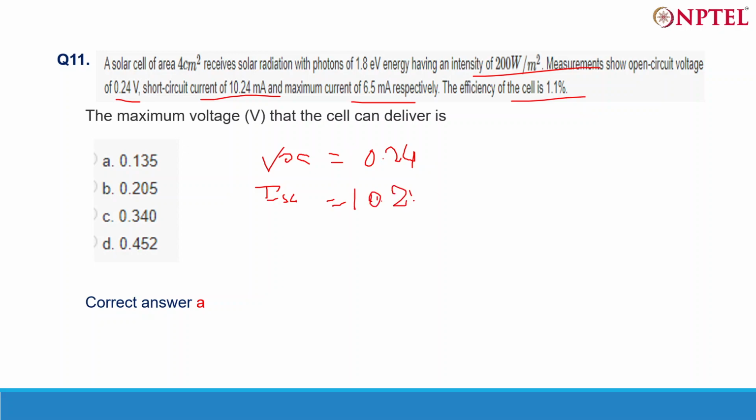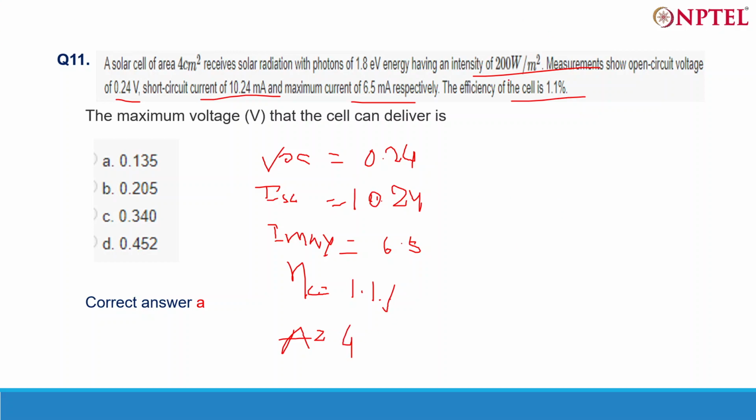Please mind the units. I'm not writing them here, but please mind the units. And how much is the maximum current? The maximum current is 6.5. The efficiency of the cell is 1.1%. Area is 4 centimeter square.